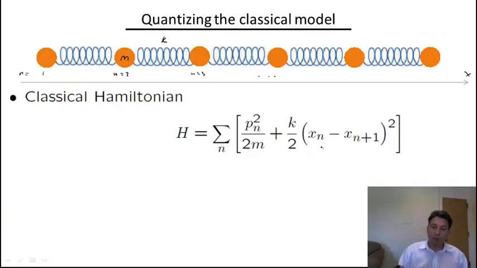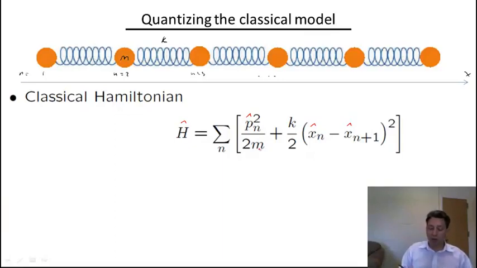We need to make it quantum. So how do we do this? Well, it turns out that it's very easy to do so. It's as easy as it was in the case of a single harmonic oscillator. All we have to do is put hats on top of H, p, and x, which means that we made these variables in the classical case into operators in the quantum problem.